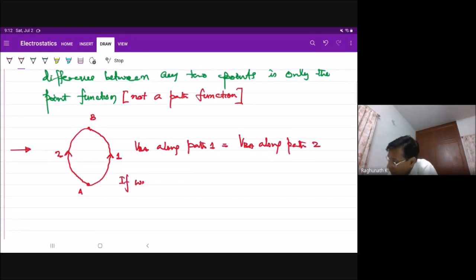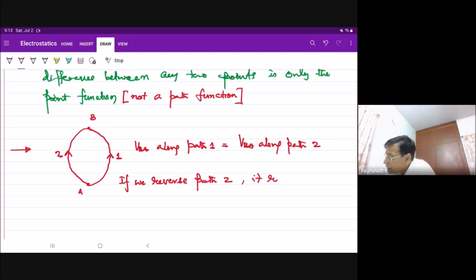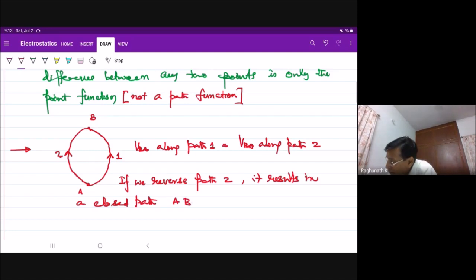If we reverse path 2, it results in a closed path A, B, A.